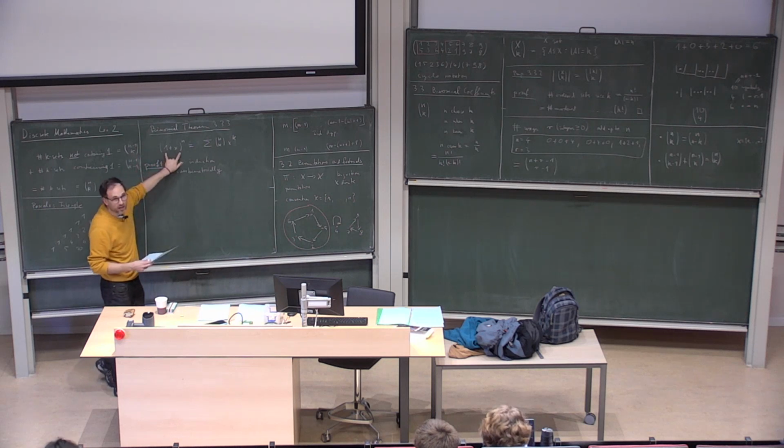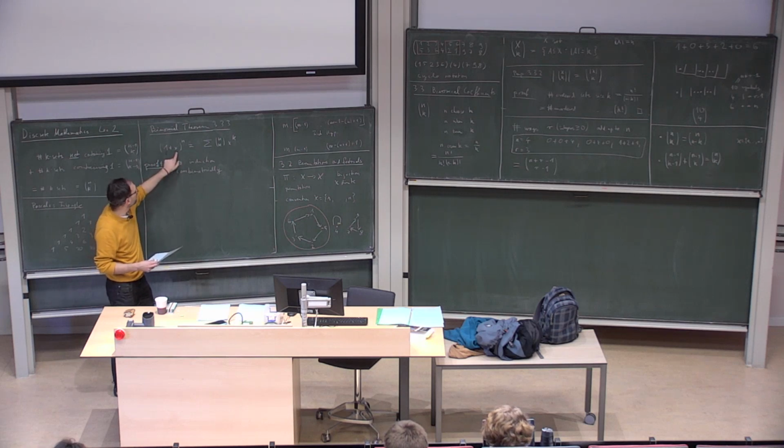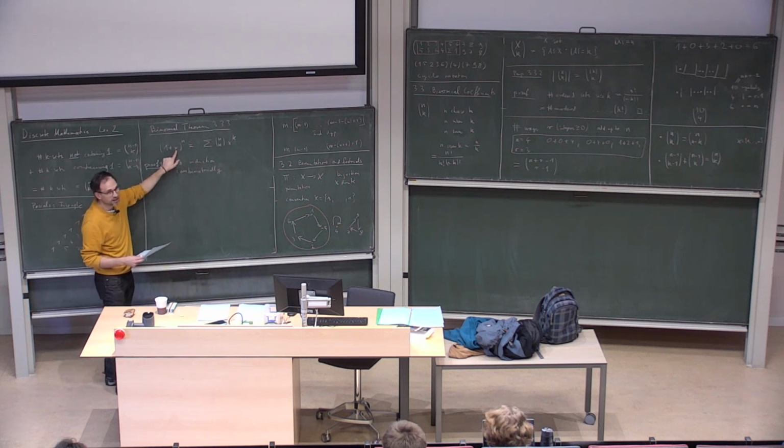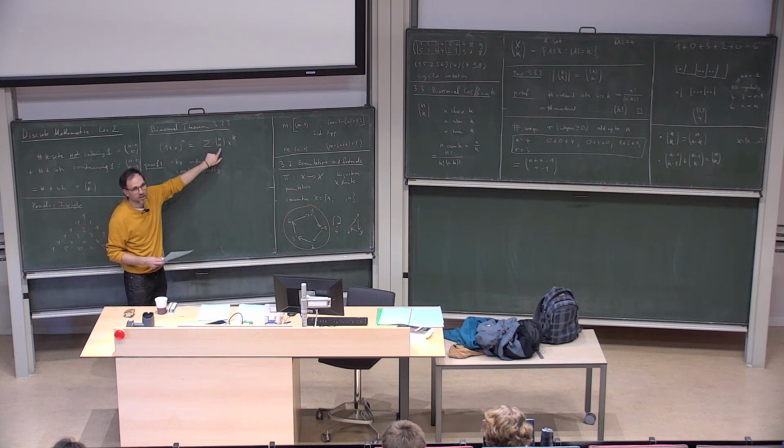If you write this out, then each factor either has a 1 or an x there. And if you want to have x to the k, then you have to choose x k times. So you choose k times. That's a combinatorial proof.